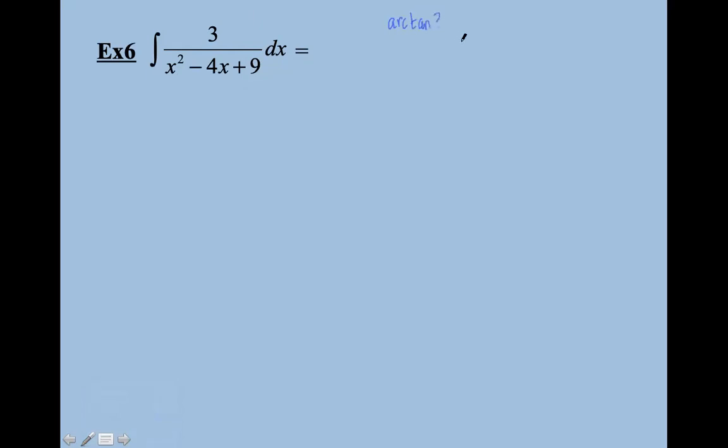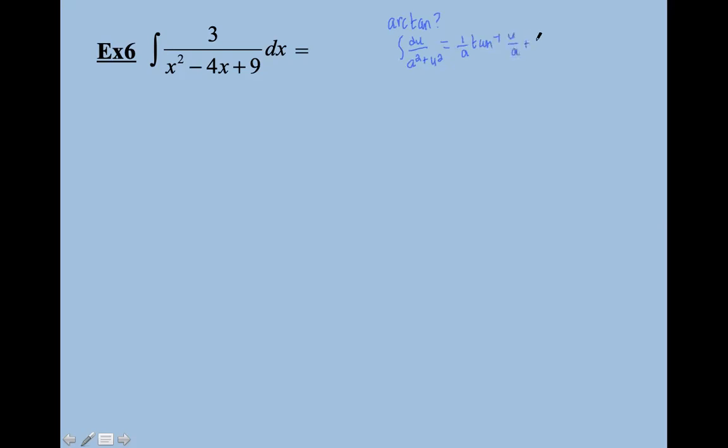That's what I'm wondering. And remember arctangent, if I have an integral of, let's see, they wrote it as du over a squared plus u squared, that antiderivative is equal to 1 over a arctan of u over a plus c.